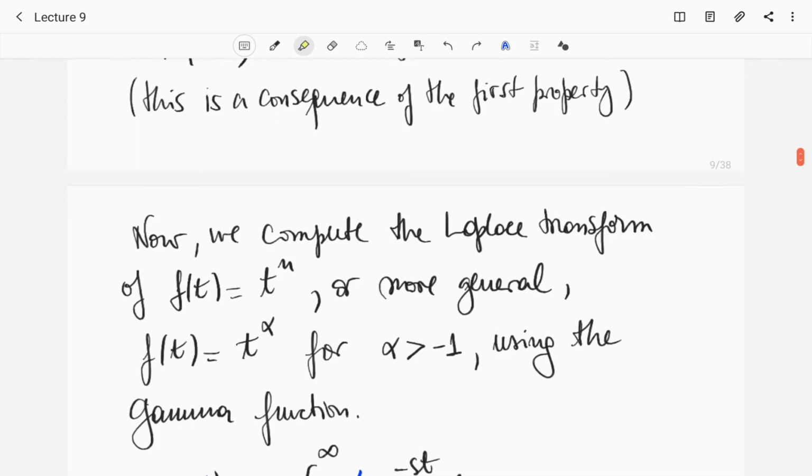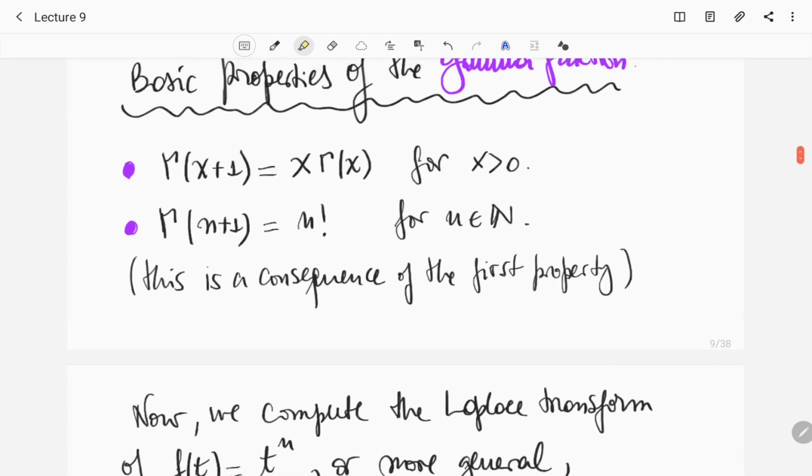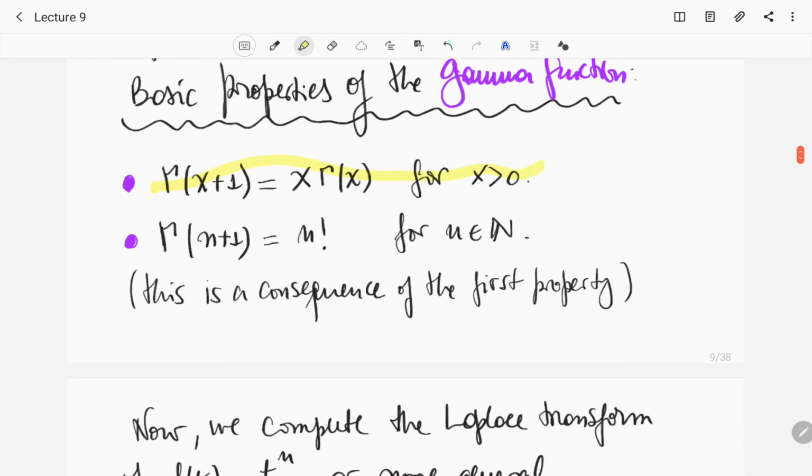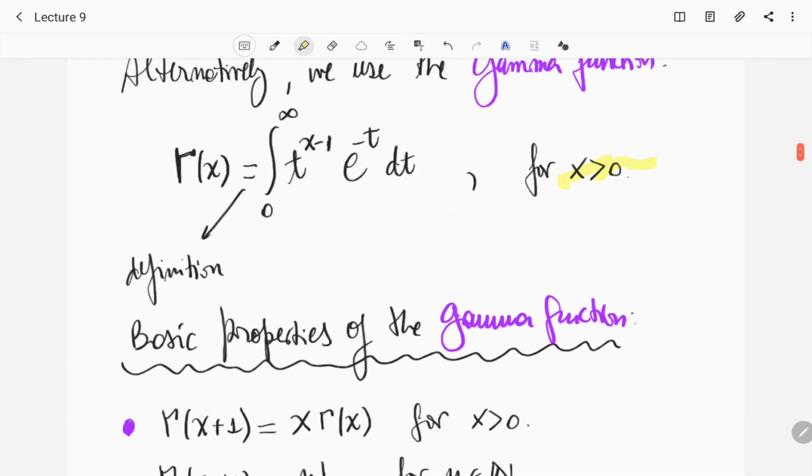Okay, so now we are going to compute the Laplace transform of this function t to the power n, or more generally, t to the power alpha with alpha greater than minus 1. And this range has to do with this property, because the gamma function is defined for positive numbers.